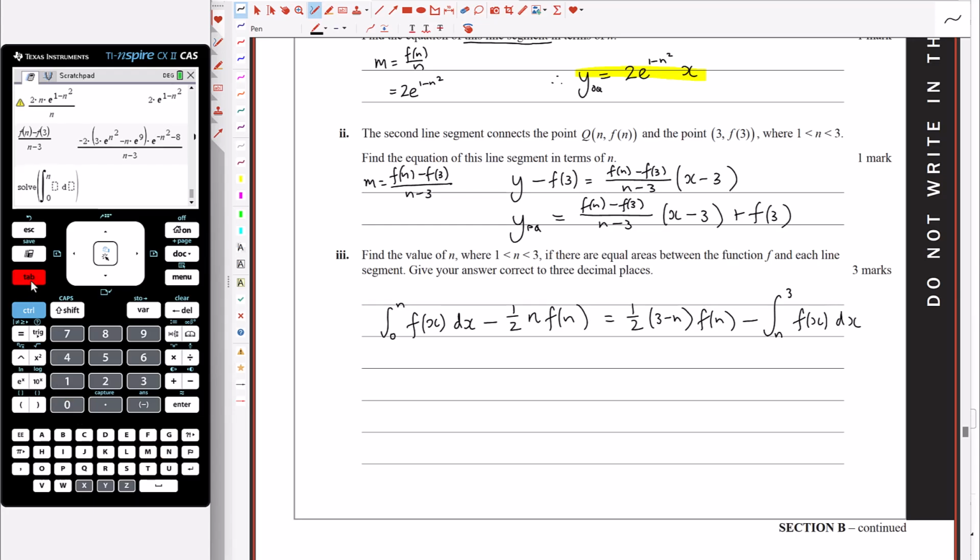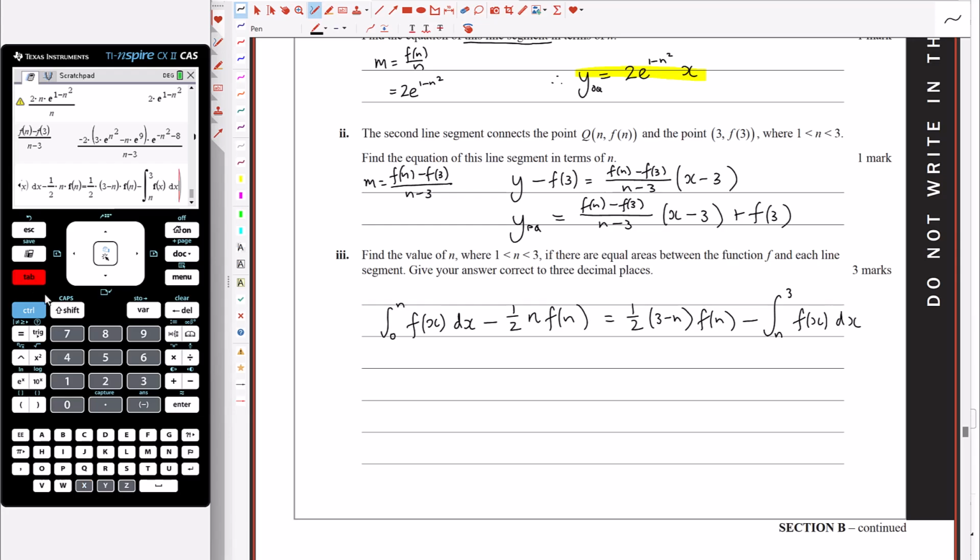So integral from 0 to n of f of x with respect to x, minus half times n times f at n, and that has to be equal to half times 3 minus n times n times f at n, take away the integral, shift plus, from n to 3 of my function dx.